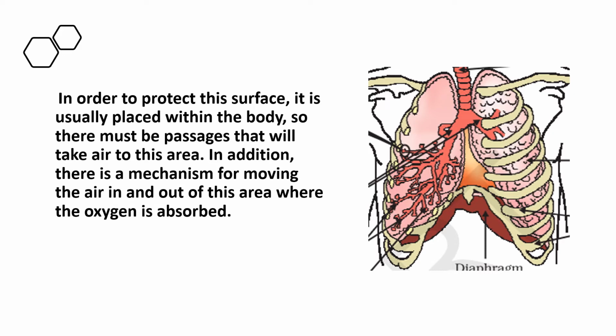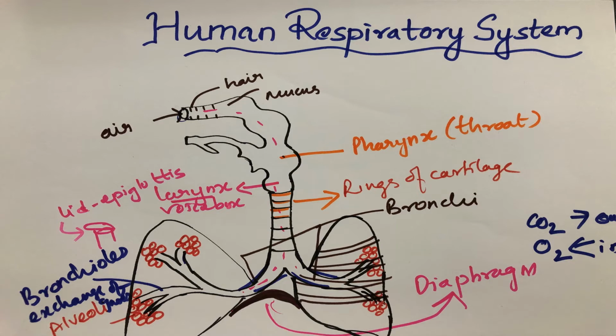Now a simple diagram explains the human respiratory system. This is the nostril, where the air enters. There is nasal hair as well as a mucus lining, which act as a filter.